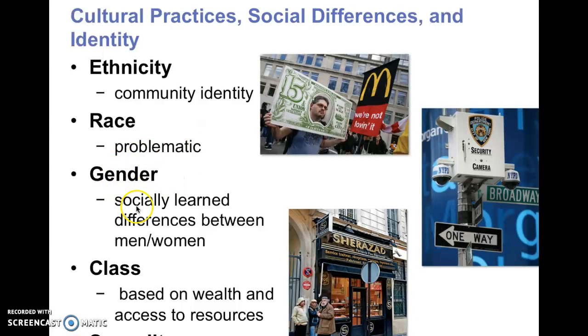Gender, socially learned differences between men and women. So gender is a lot in the news. There's the transgender community. There's a lot of talk about what is gender. A few years ago, we did a study at UC Davis of graduate students.